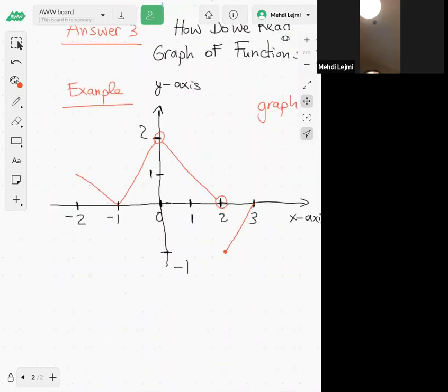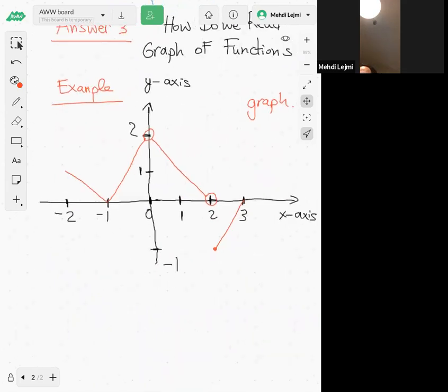First, I'm going to try to explain the difference.